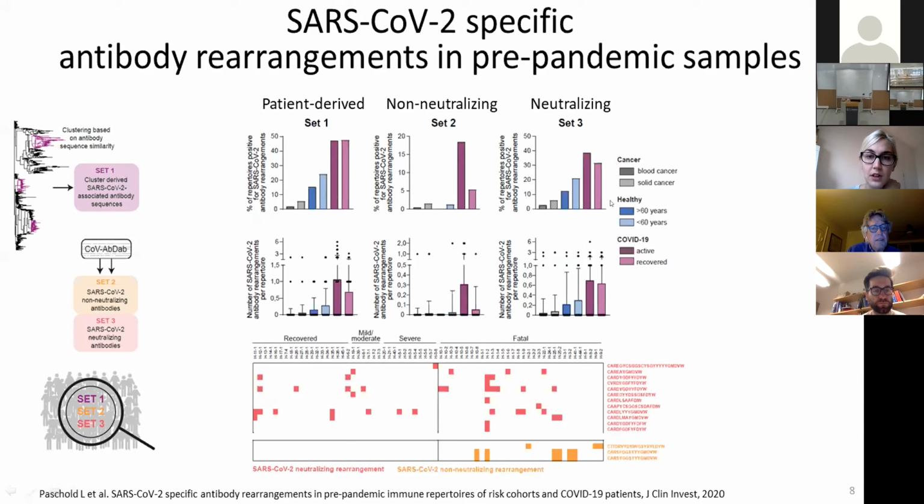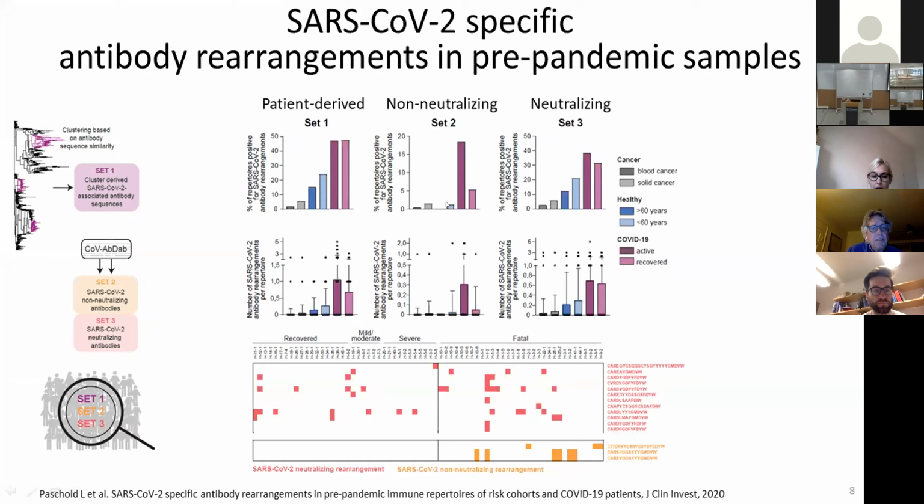And for set 3, which are the validated neutralizing antibodies, we found a similar pattern, which again validates our sequences. And remarkably, the non-neutralizing sequences from set 2, they were found at a very high rate for COVID active patients, but to a lot lesser extent in COVID recovered patients, and only to a low percentage in the pre-pandemic samples.